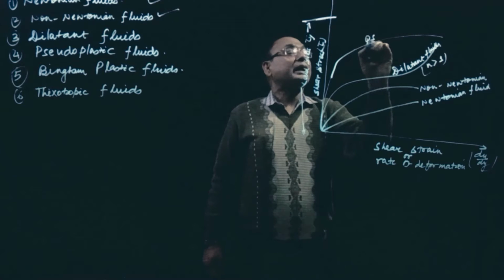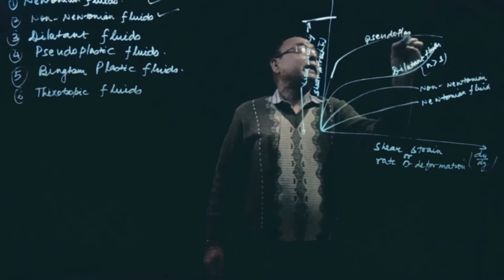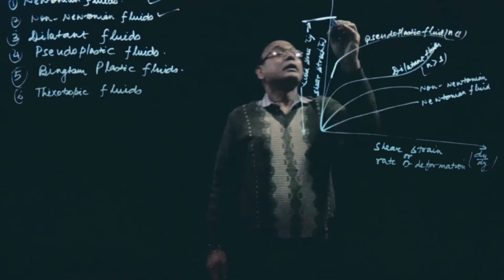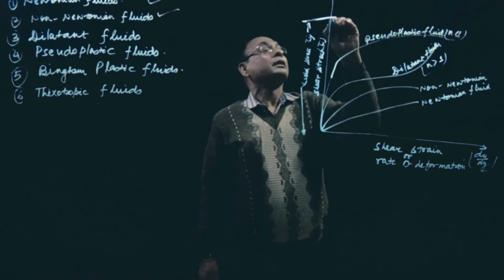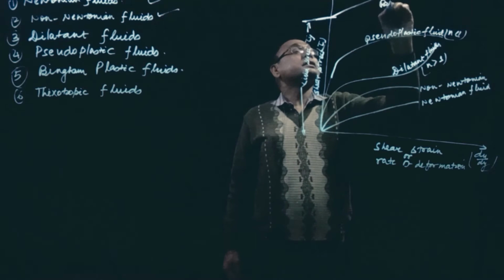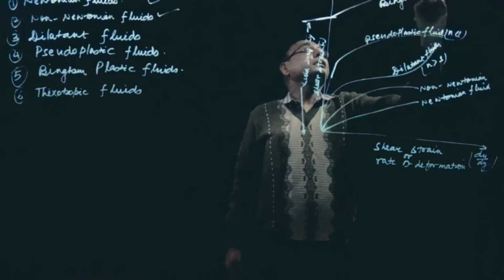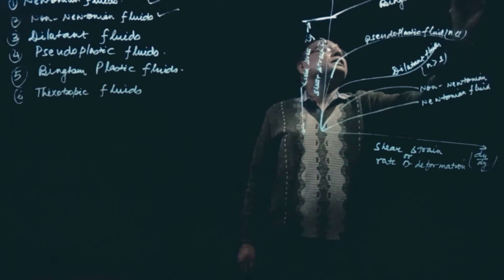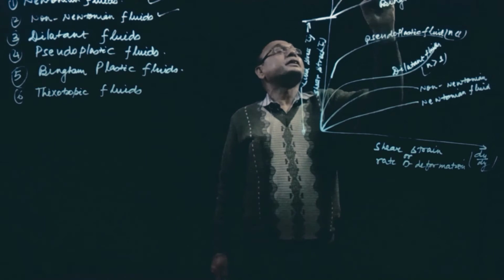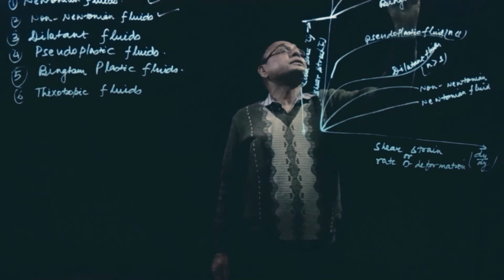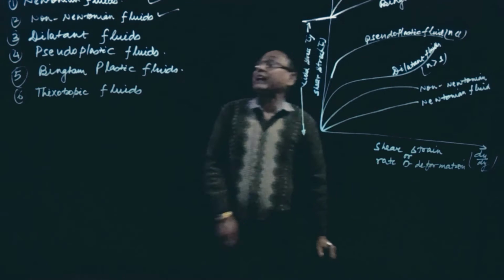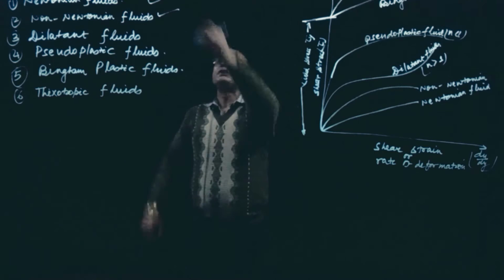This is pseudoplastic fluids, in which n is less than 1. Now, this one is called Bingham plastic fluids, and this is thixotropic fluids. See, in one single figure itself, I have mentioned all six types of fluid. So Newtonian and non-Newtonian we have completed.